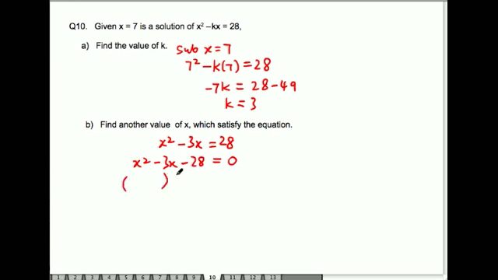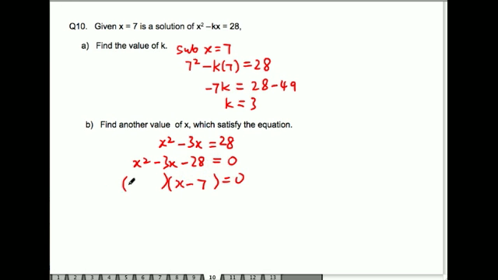And then we factorize it. We already have the solution x equals 7, meaning that x minus 7 must be one of the factors, because when x minus 7 equals 0, x equals 7.